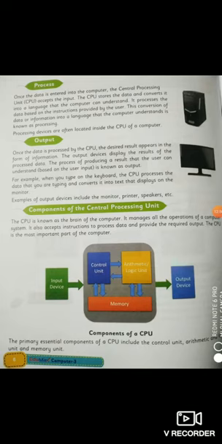So in short, what we understand here is that the computer works in the format of input, process, output. Input devices like keyboard, mouse; then processing happens, which is done by the brain, the central processing unit; and then the output. As we understand, I gave you the example of the oven.